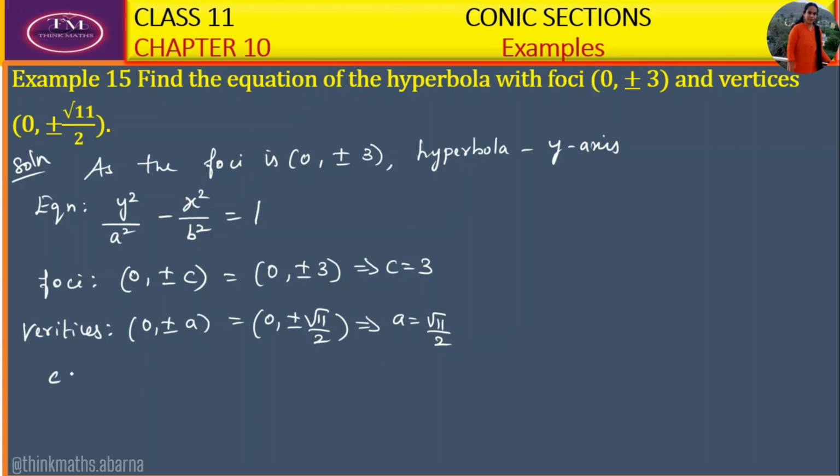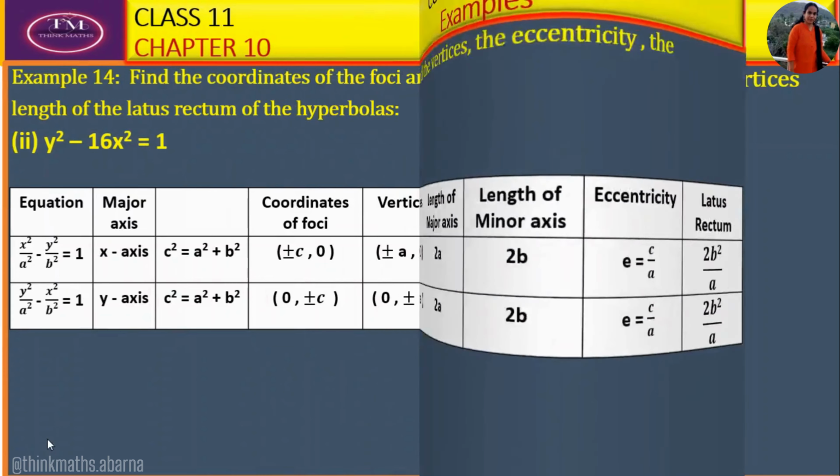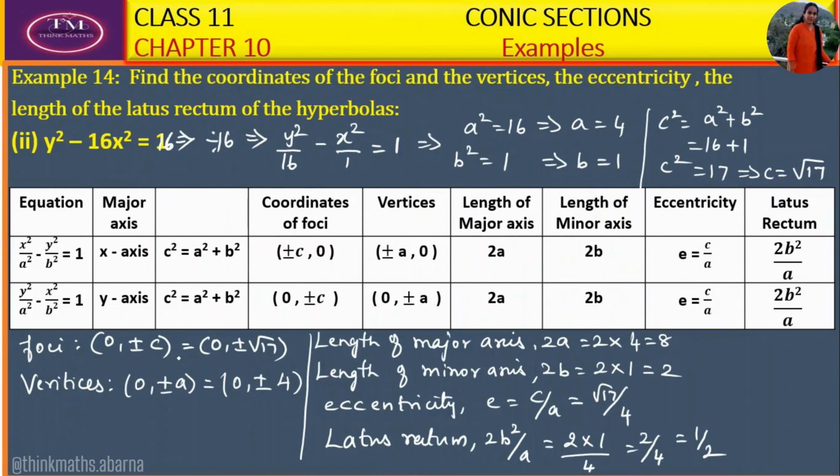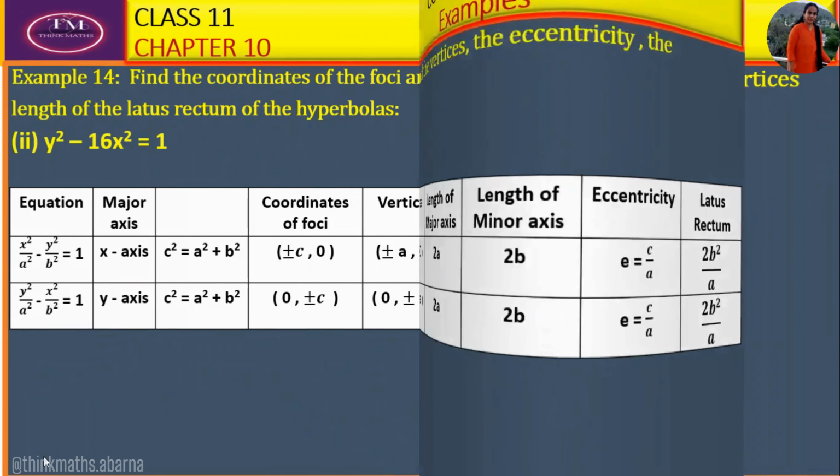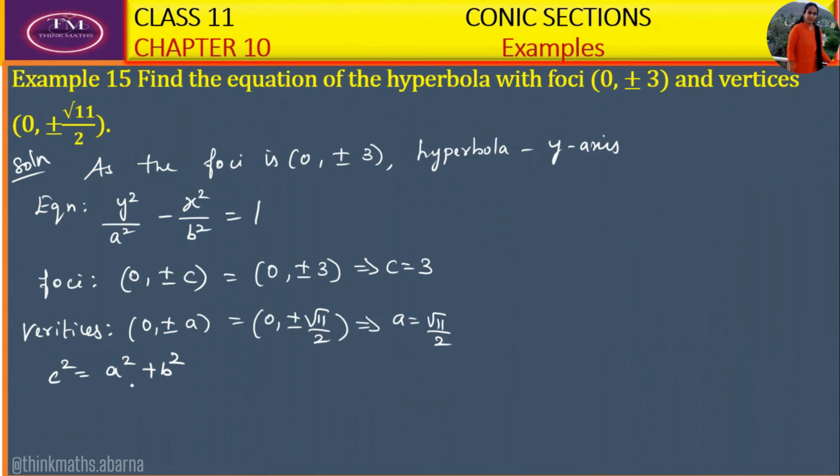We know c square equal to a square plus b square. Let me check it. Yes, c square equal to a square plus b square. Now we need to find b square. So c square minus a square will be b square.